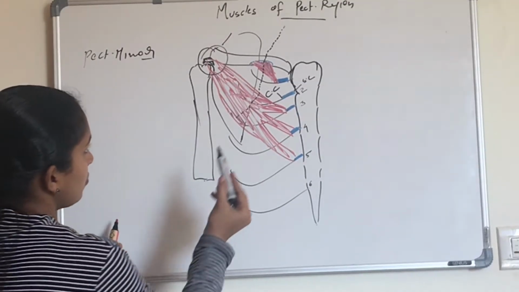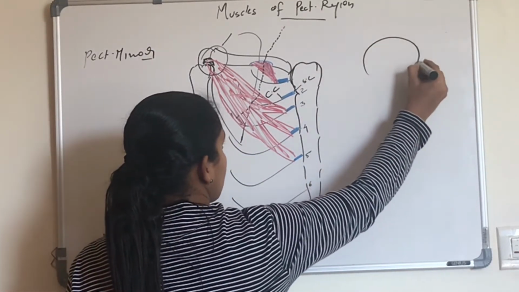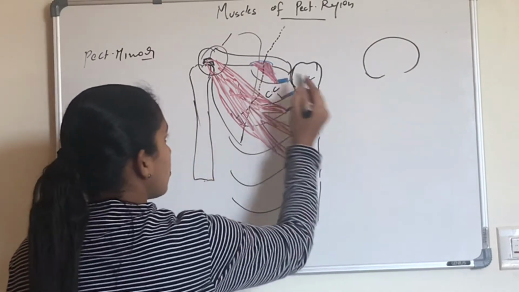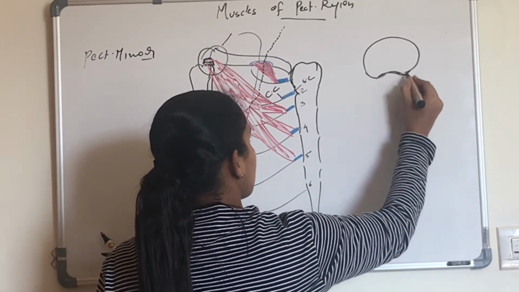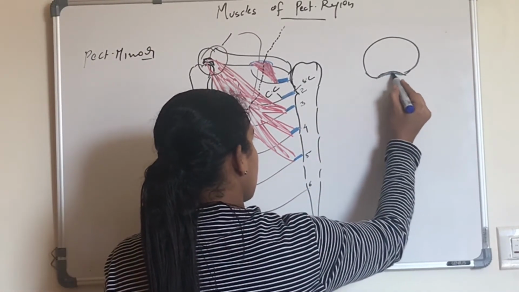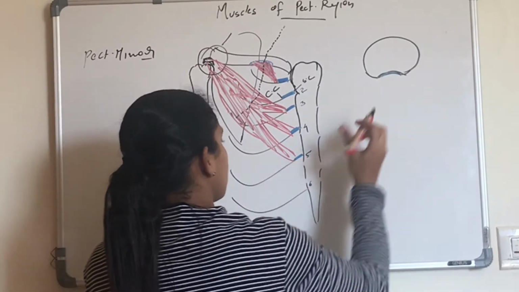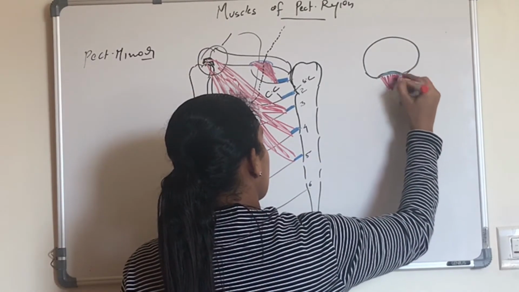To know in detail about clavipectoral fascia, let us draw clavicle at the section of the subclavius attachment. This is clavicle, and below I am drawing the subclavian groove which is in the inferior surface of clavicle. What is attached to the floor of subclavian groove? It is subclavius muscle.